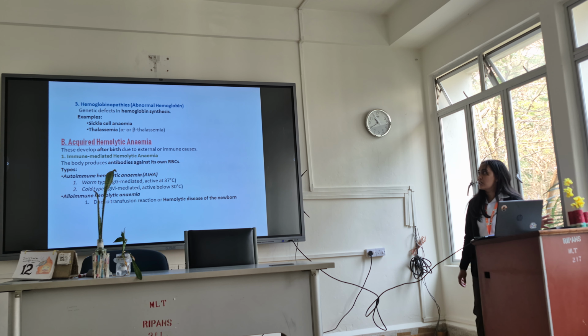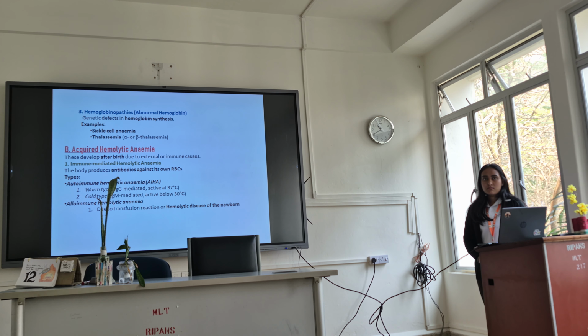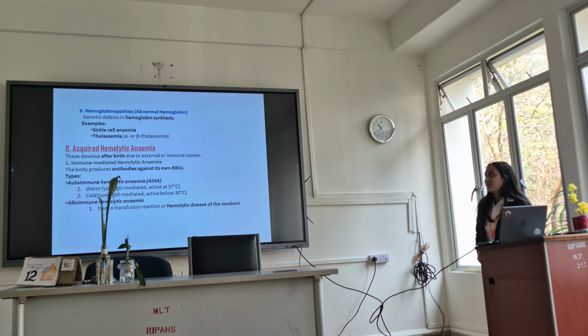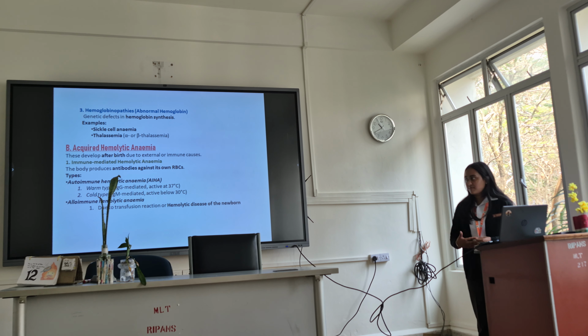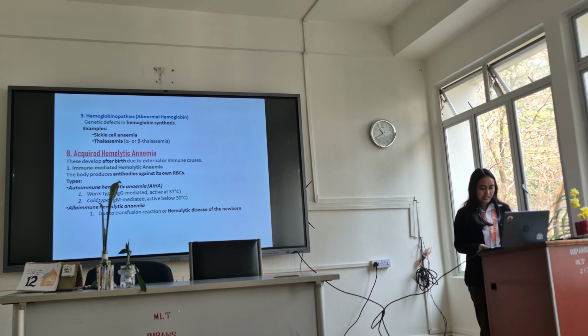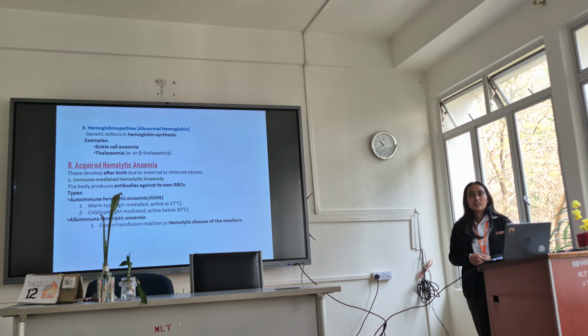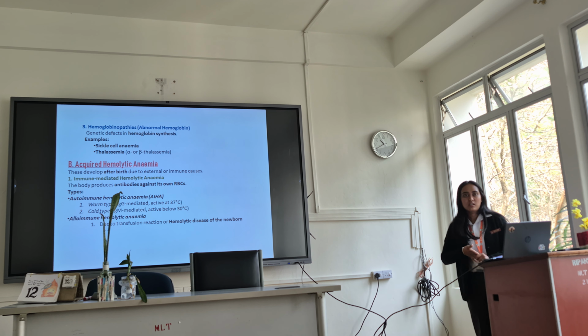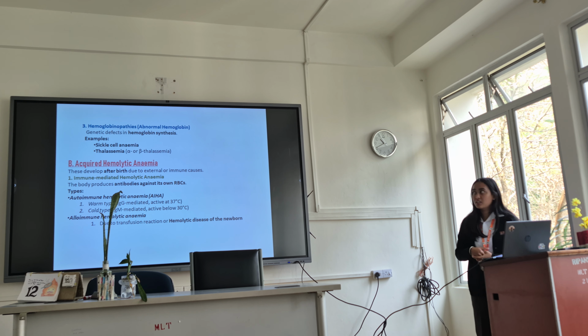Okay, very good. One second, sorry to disturb. Prena, can you explain the difference between autoimmune and alloimmune? What does alloimmune mean? Sir, in alloimmune, the antibodies are formed against RBCs from another person. See students, don't get confused.